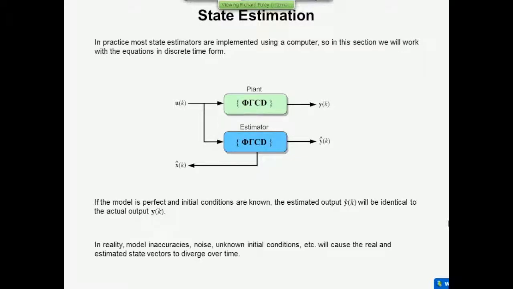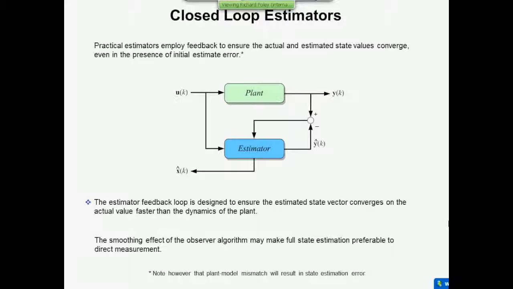And so what is done in practice to make this state vector correct is, well, you use feedback. And the only thing that you can use is the output, because you know what the actual output and the estimated output are. So you construct a feedback loop around the difference between them. Right? So you create a signal, a time function, which is the difference between y and y hat, and you enclose the estimator in a feedback loop, like this.